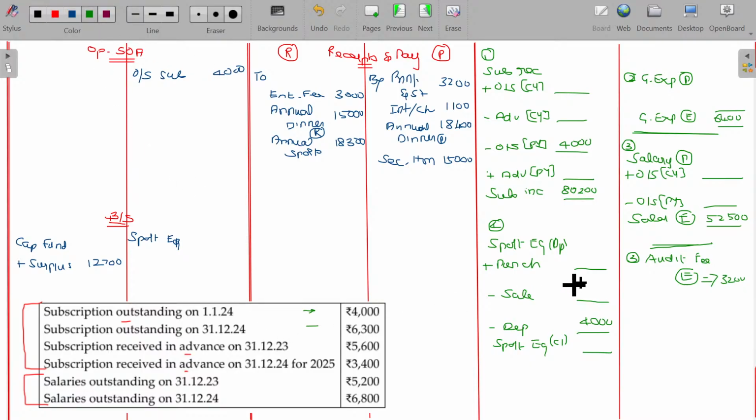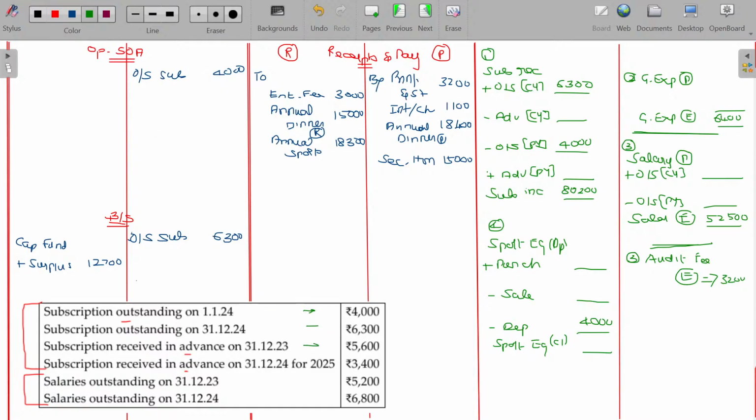Subscription outstanding for the current year, 6,300, being the current year asset. In your balance sheet, outstanding subscription, this value being 6,300.